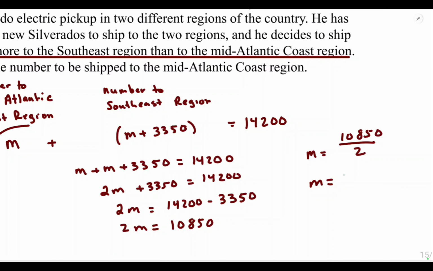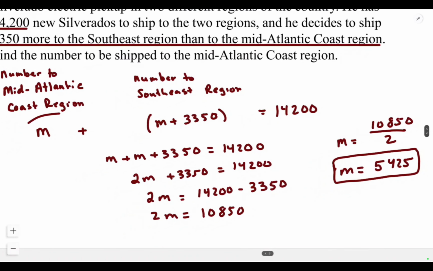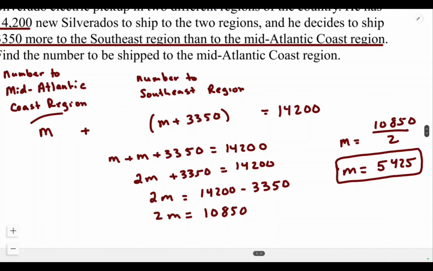So when you divide this by 2, you get what? 5,425. So we see that there are going to be 5,425 units going to the Mid-Atlantic. All right? So we got 5,425 Silverados that are going to the Mid-Atlantic.